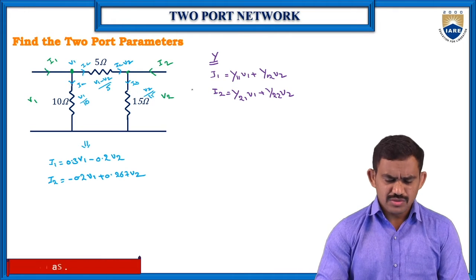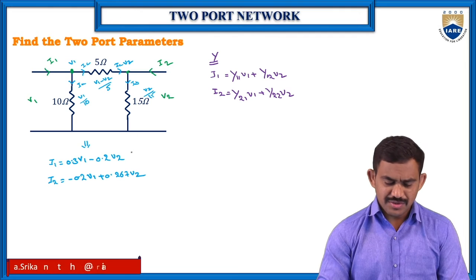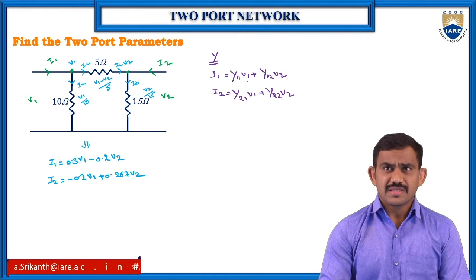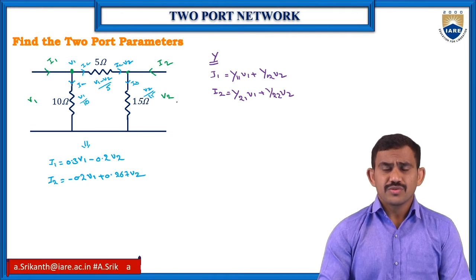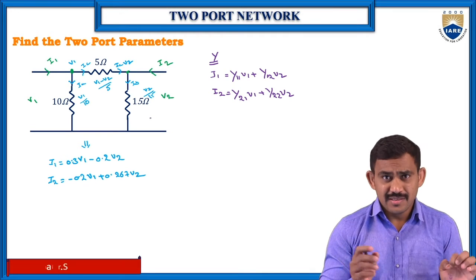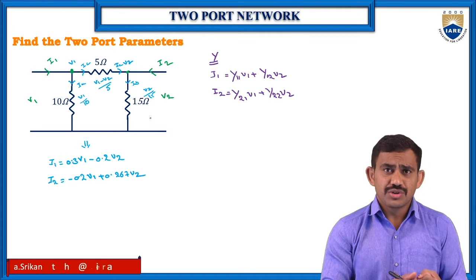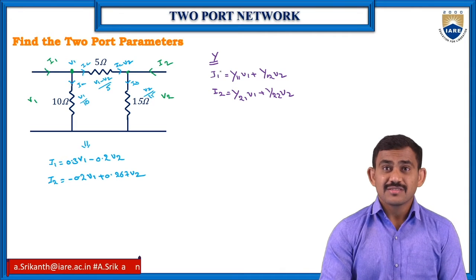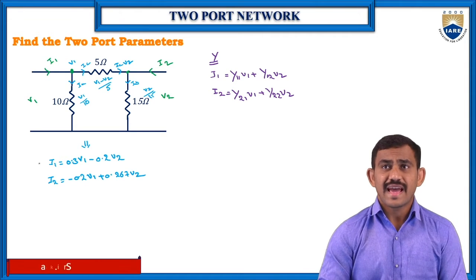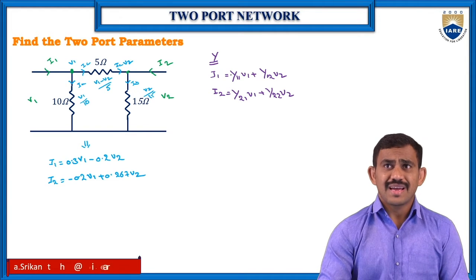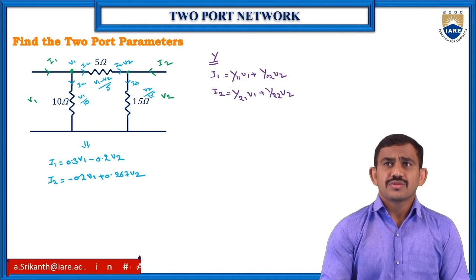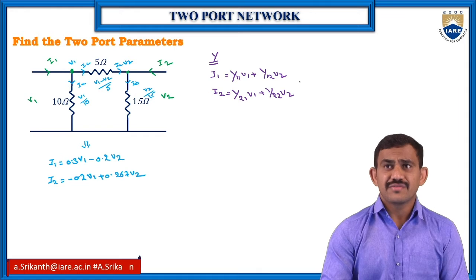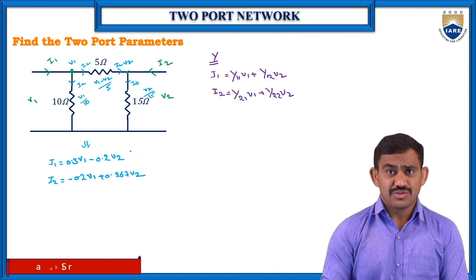Just compare both equations. This is from the circuit equation, and this is your Y parameters equation. If you compare both, we'll get the Y values directly. No need to go for the conditions or any other values. So for I1, we have your circuit equation and your Y parameters equation. V1 and V2, both we have.